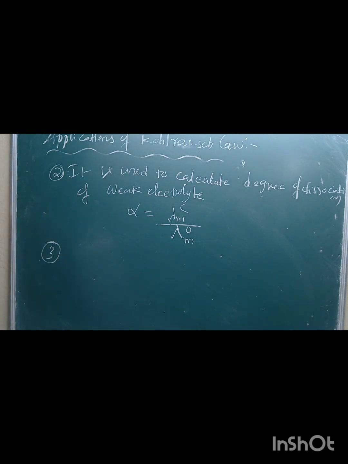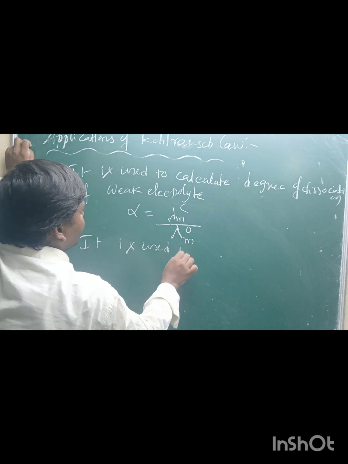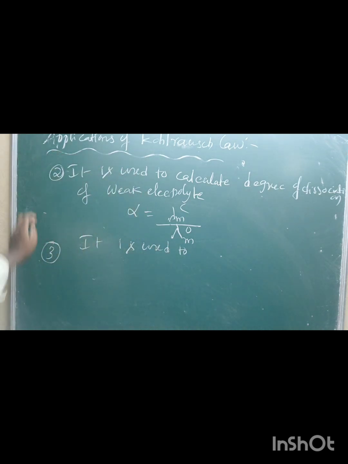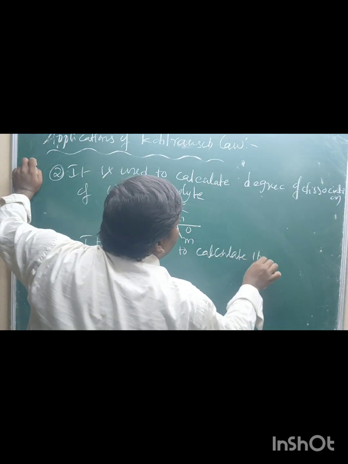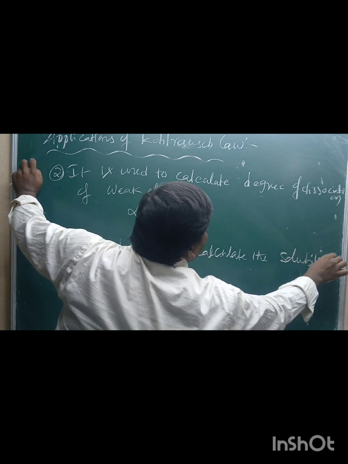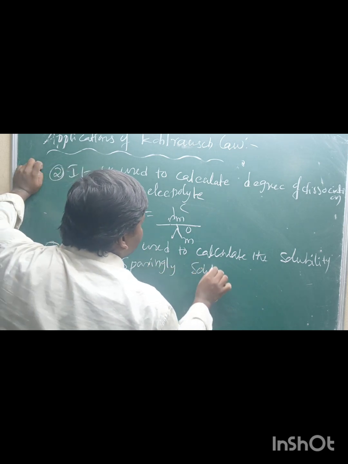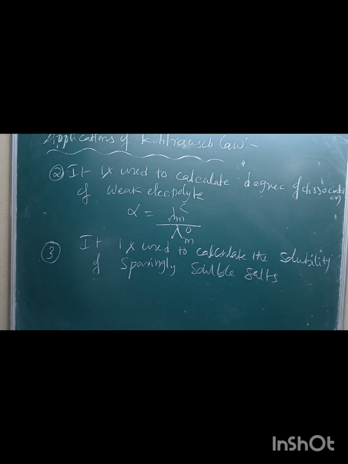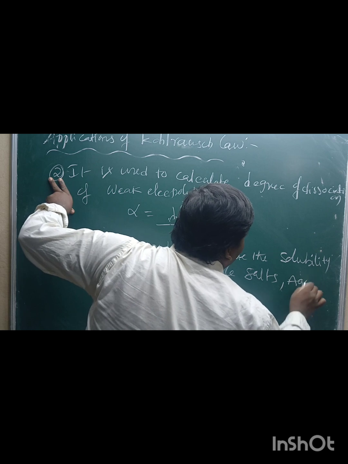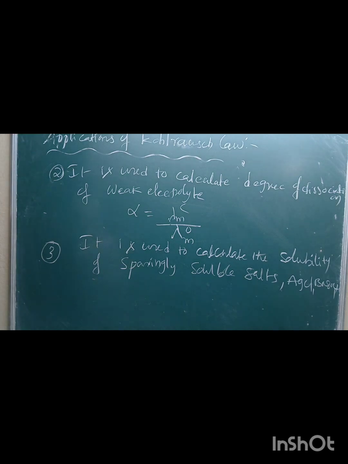And the third one is it is used to calculate the solubility of sparingly soluble salts, for example silver chloride or barium sulfate, etc. What is the formula here?